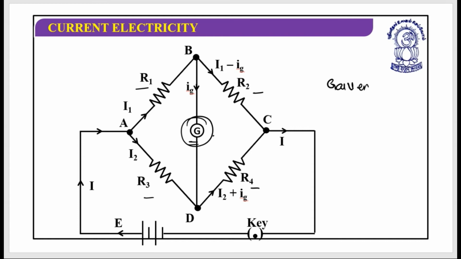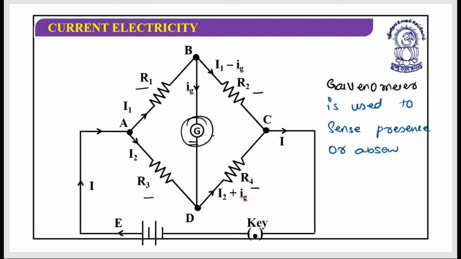A galvanometer is used to sense the presence or absence of electric current. It is there to tell whether current is flowing through this path or not. That can be measured by the galvanometer.